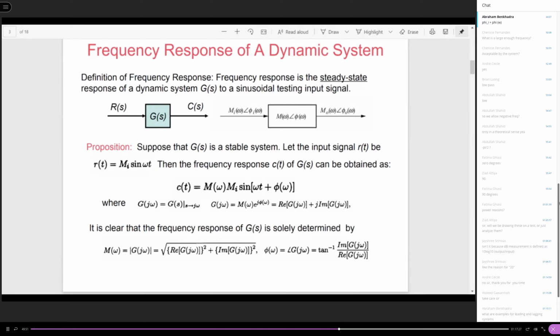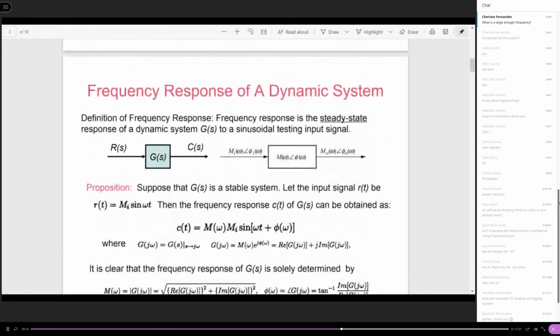Practically, it cannot be, and it's not necessary to let the frequency be infinity. As long as the frequency is high enough, M of omega will be very small. You're going to see the magnitude of the response signal be very small. In other words, the system will block that frequency signal.